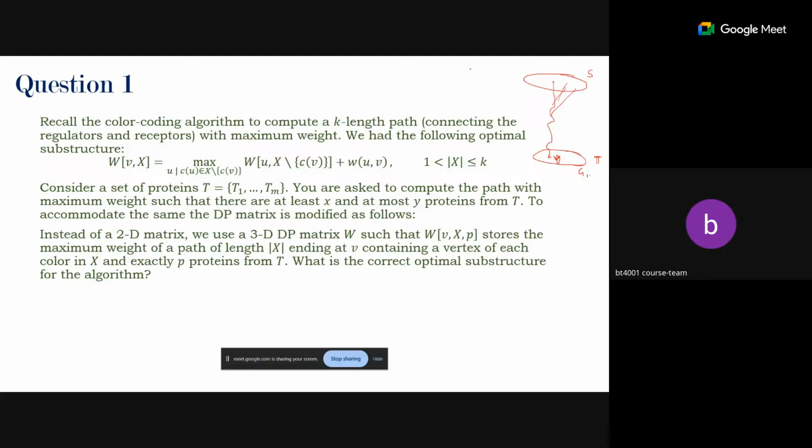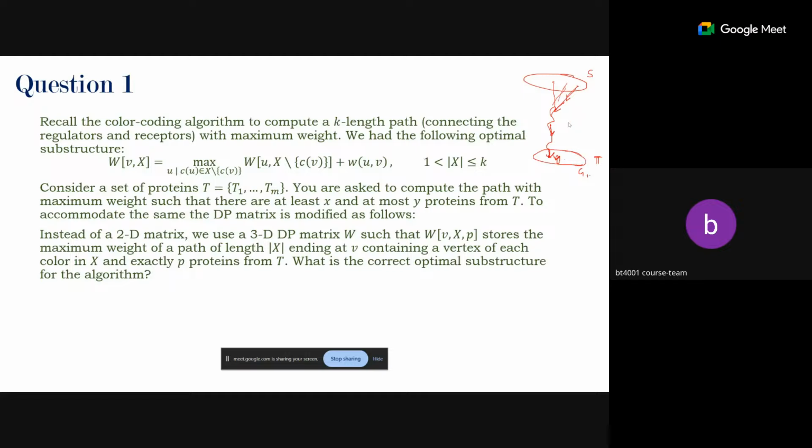As we know, GRNs are directed, so obviously we want the edges to be in this direction from S to T. And now we wanted to compute the maximum weight path, the path with the maximum weight.